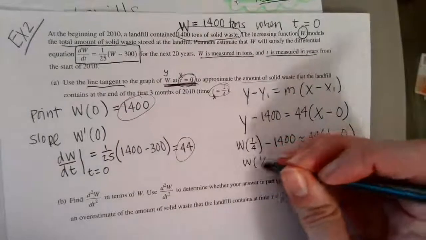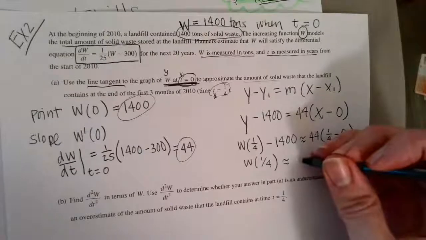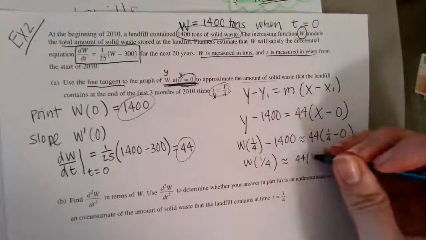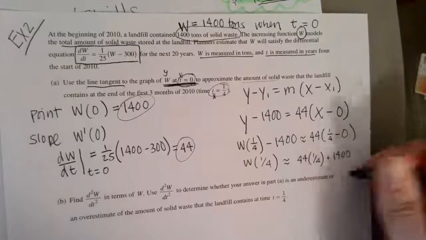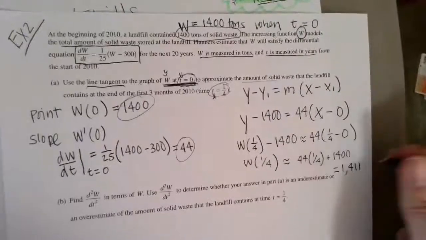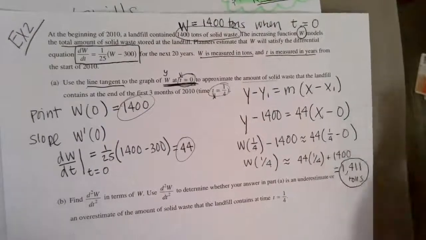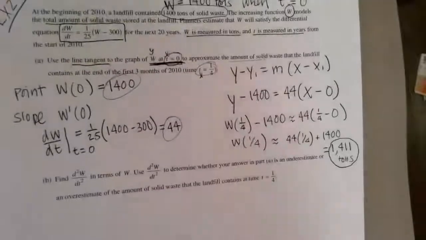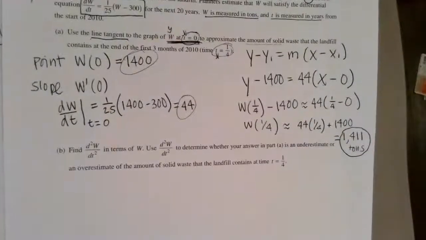So W of 1/4 is approximately 44 times 1/4 plus 1,400, which is 1,411 tons, which is how much waste is in the landfill after 3 months.